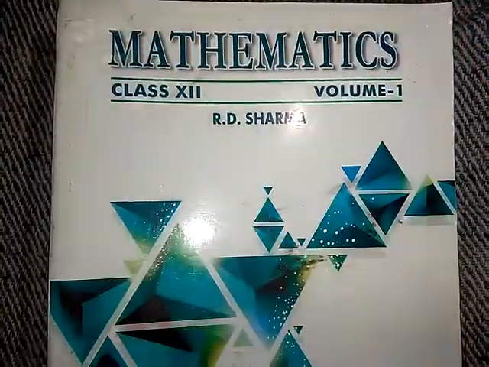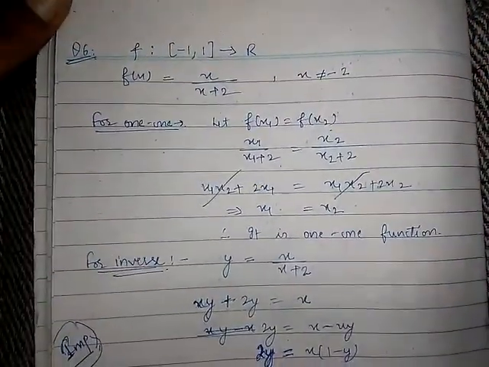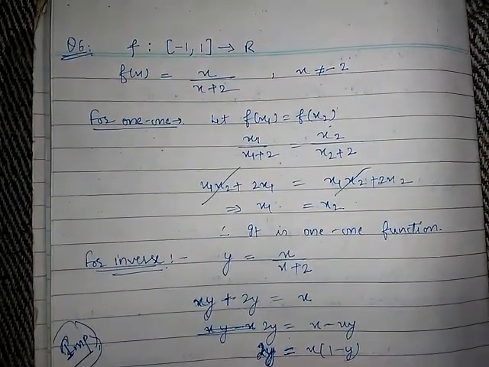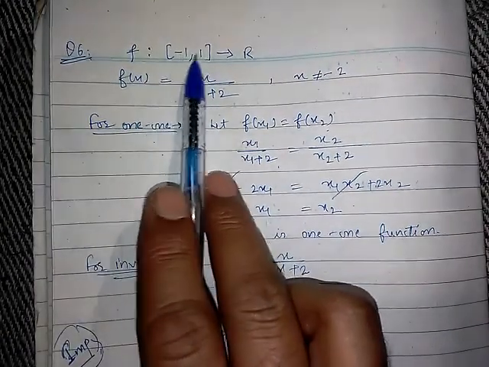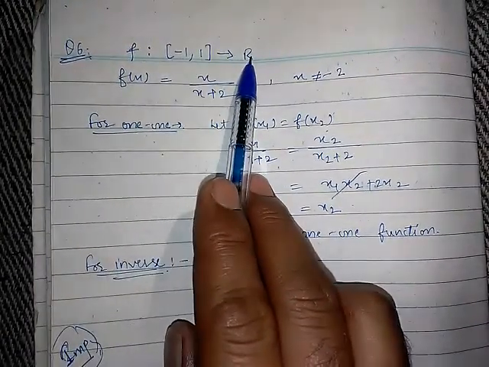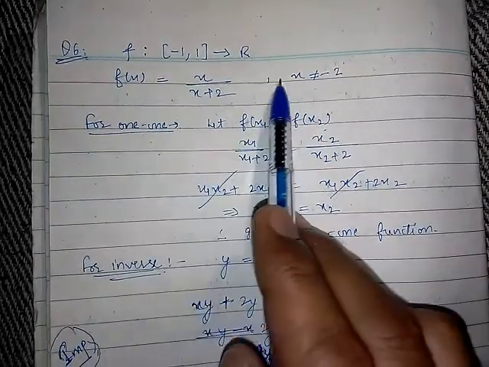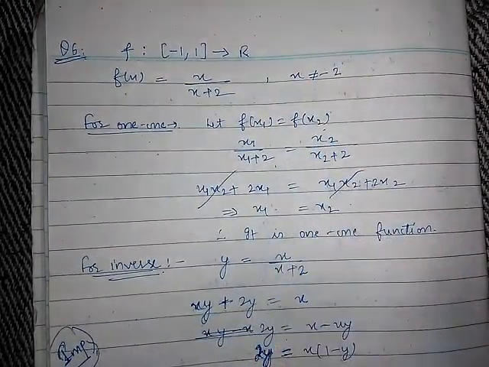Let's move to our question number 6. See here, function f is defined from -1 to 1 to R, that is the real numbers. f(x) is equal to x upon x plus 2, where x is not equal to -2.